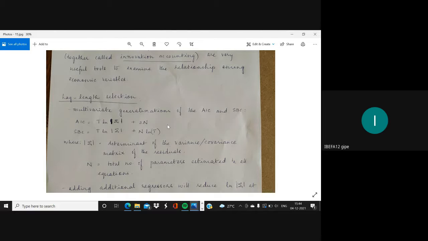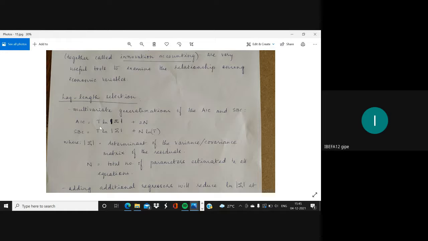Okay, the same way here, when you're selecting the lags, you'll be seeing how many lags produce a best fitting model for you, or how many lags is it optimal to include whenever you're estimating your VAR model. So similarly, here also we use the AIC and SBC criteria to select the best fitting VAR model and choose the lag length.